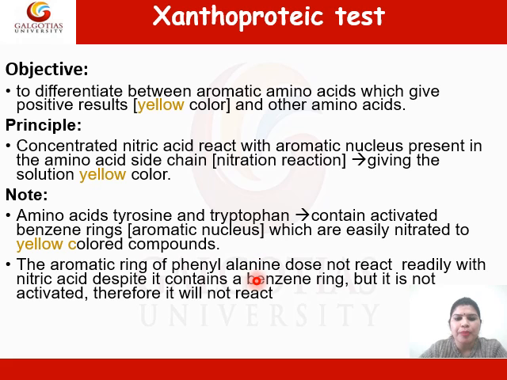While the aromatic ring of phenylalanine does not react readily with nitric acid despite containing a benzene ring, because it is not activated, it will not react and does not give a yellow color in the xanthoproteic test.